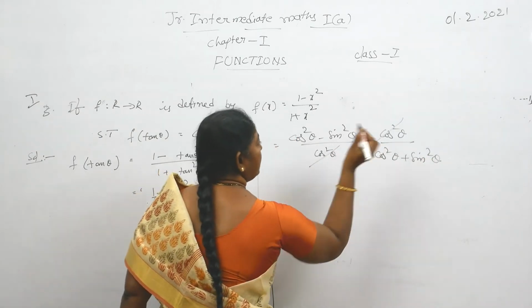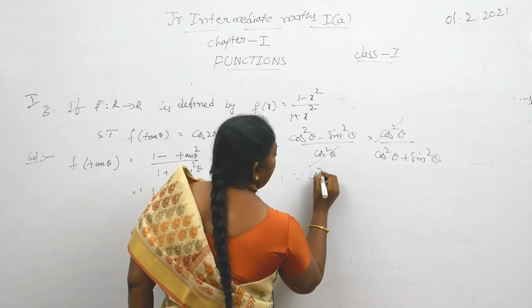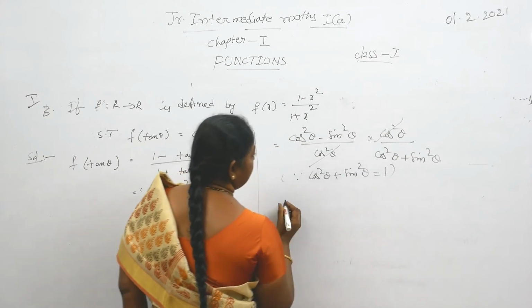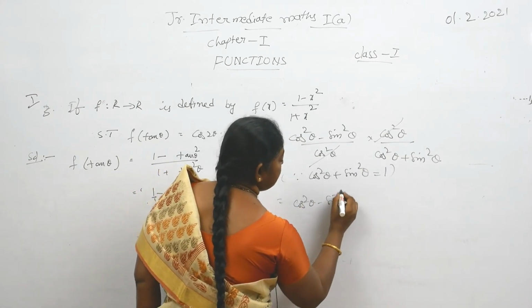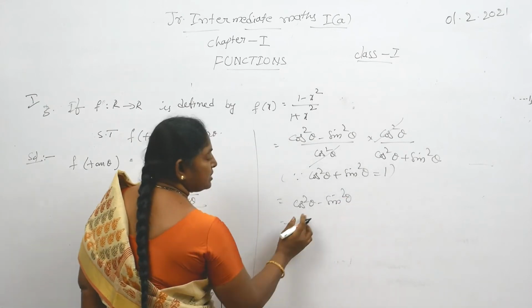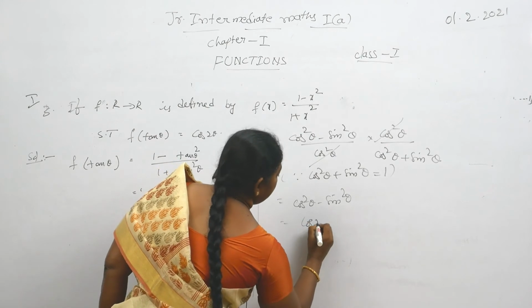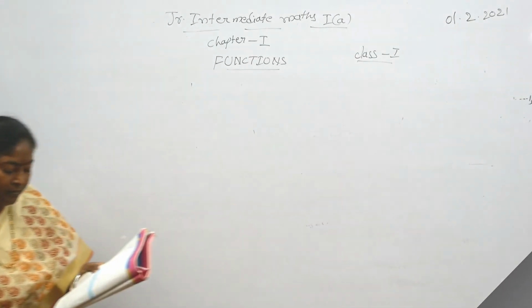Cos squared theta gets cancelled. We know that cos squared theta plus sin squared theta equal to 1. So cos squared theta minus sin squared theta equal to cos 2 theta. Okay, next.